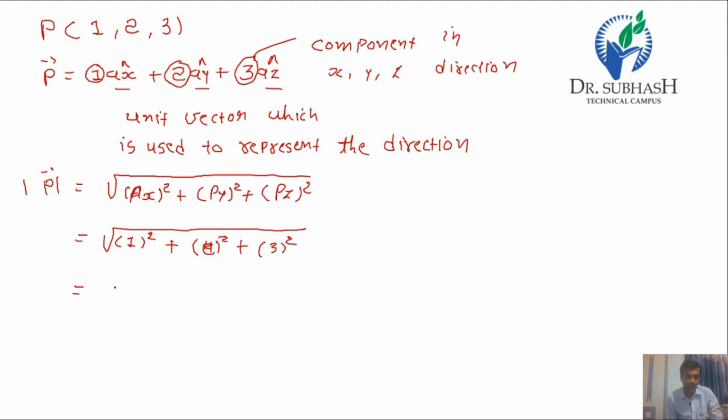So we get 1 plus 4 plus 9, which is 14, so the magnitude is the square root of 14.